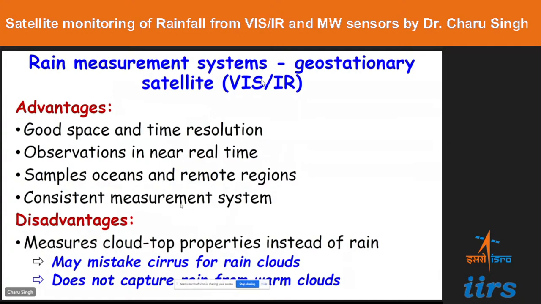And visible and IR sensors are also not able to capture the rainfall from the warm clouds, because ultimately these sensors measure the cloud top properties, and particularly for the IR it measures the temperature of the cloud top. In case of the warm cloud rainfall processes, the cloud top is not cold enough. Therefore, we may miss the signature of the warm rain from the visible or IR based techniques.